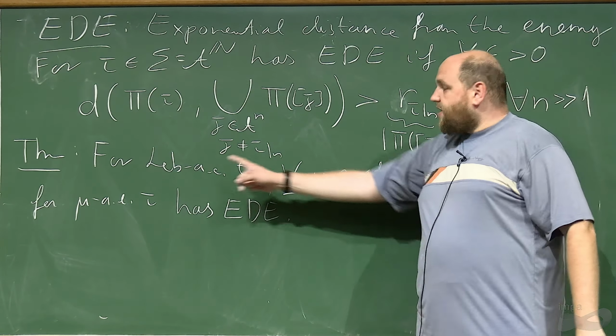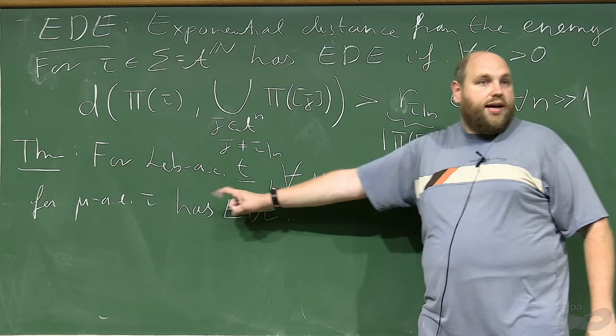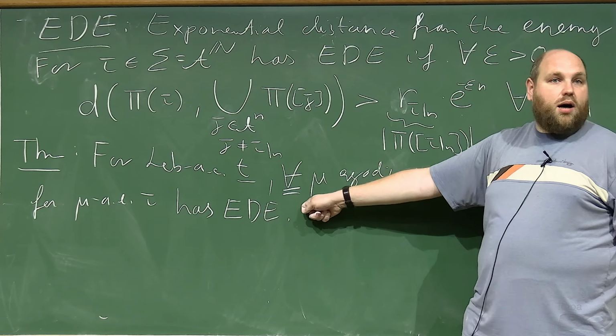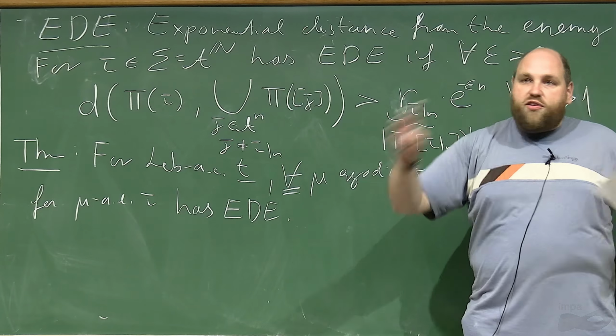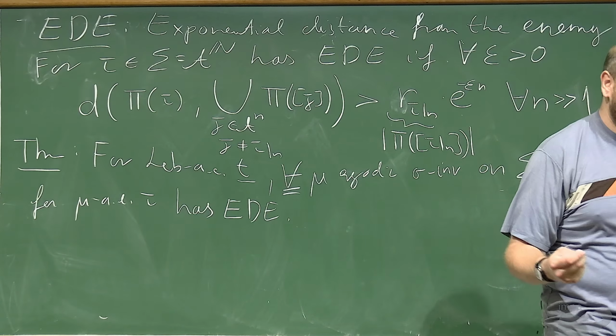This again holds simultaneously: you fix your random translation parameter, then this EDE property holds for typical points with respect to any ergodic measure. So only the very, very irregular points can be bad.